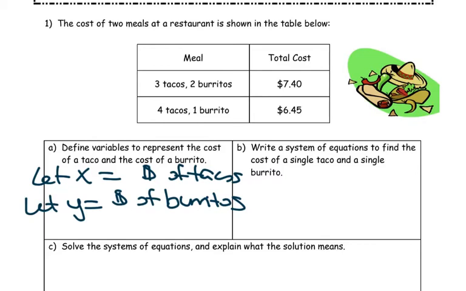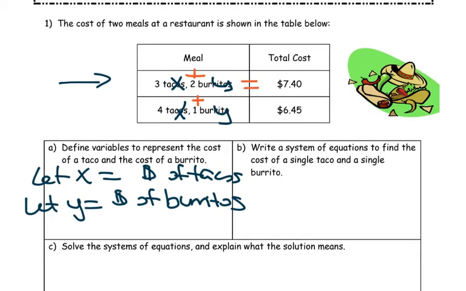We would need to write a system of equations to find the cost of a single taco and a single burrito. If we use our table up here, tacos are x and burritos are y, so we could just write that right on top. And we know if the meal includes tacos and burritos, the operation here would be addition.